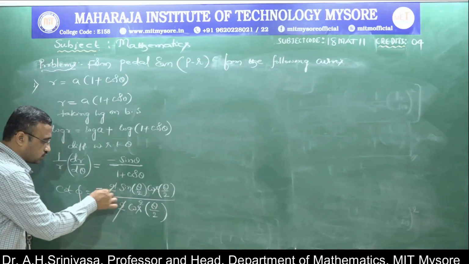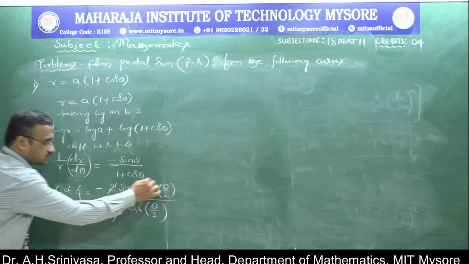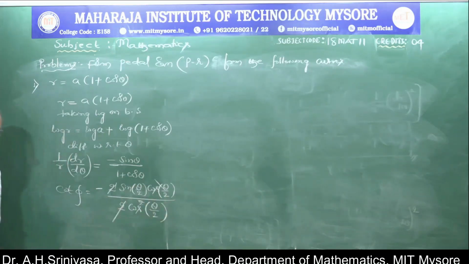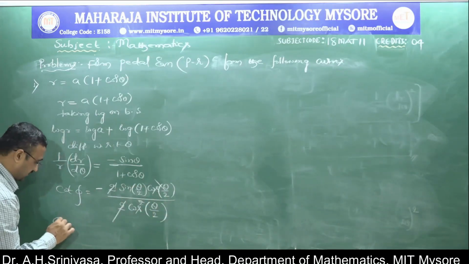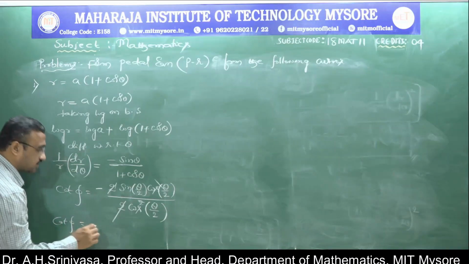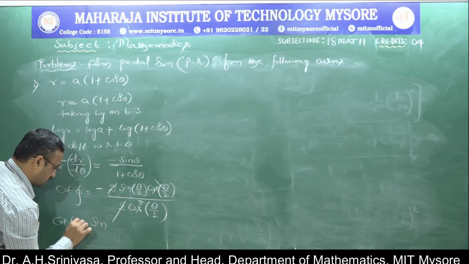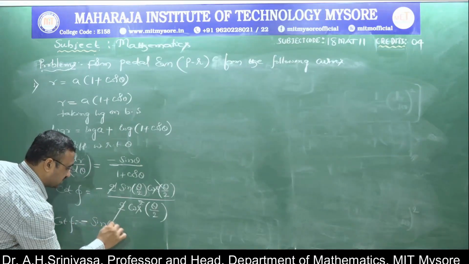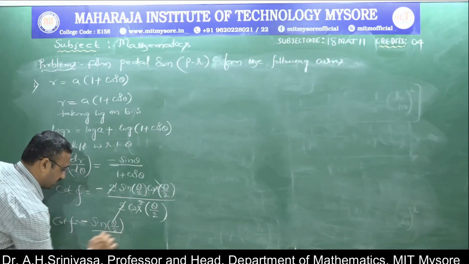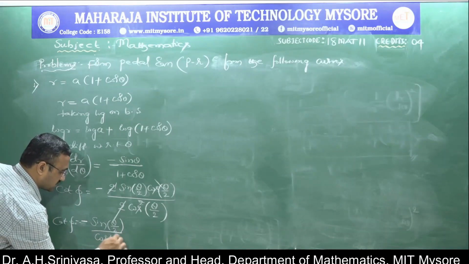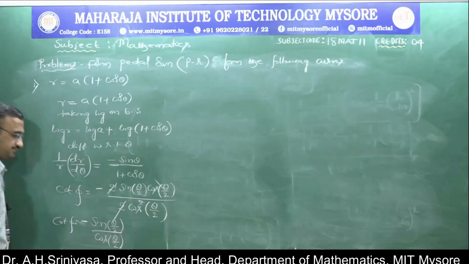Now these 2 and 2 will be cancelled, cosine and one cosine will be cancelled, and finally we have cot phi equal to minus times sin theta by 2, then the whole divided by cos theta by 2.